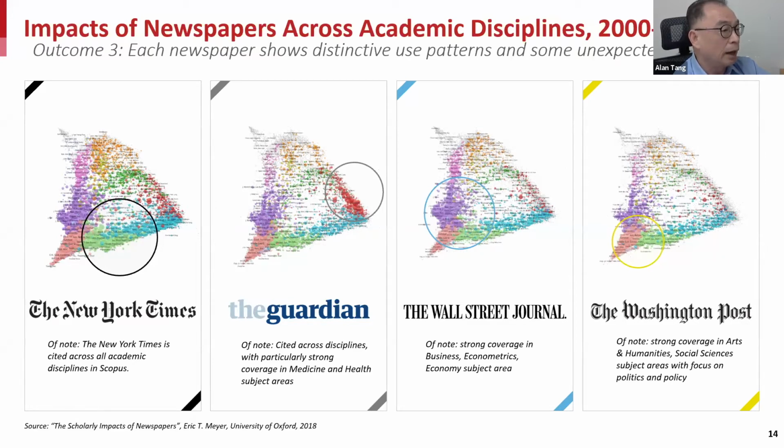And the Washington Post is very strong in art and humanity, social science, international and national security policy, international policy, etc. Okay, so each newspaper has its disciplinary strengths.